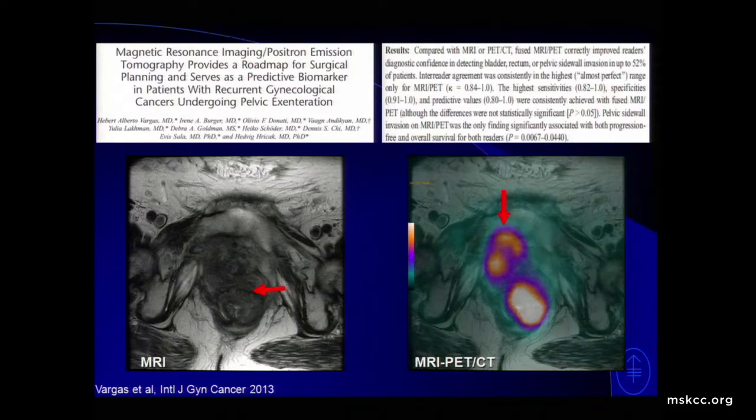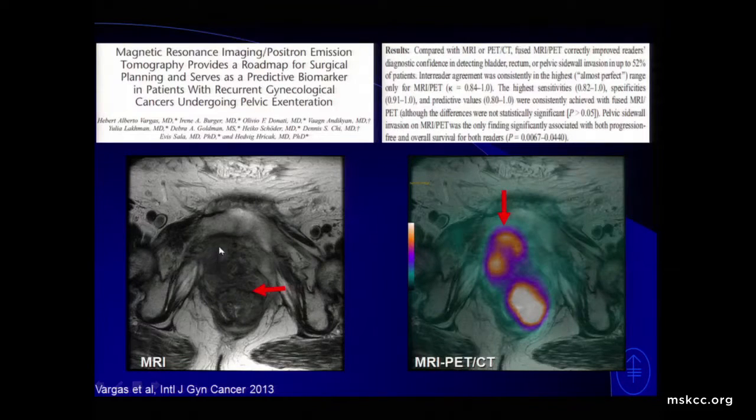What we also looked at and published recently is combining the MR and PET information in patients undergoing pelvic exenteration. This was a mixture of endometrial, ovarian, and cervical cancer patients, but this is an example of an endometrial cancer patient with recurrence. This is MR and PET acquired on separate days and fused together because we didn't have an MR PET machine, which we're going to have in the second quarter of next year, hopefully. Nevertheless, it shows you that on MRI there is tumor going around. Where does it end?